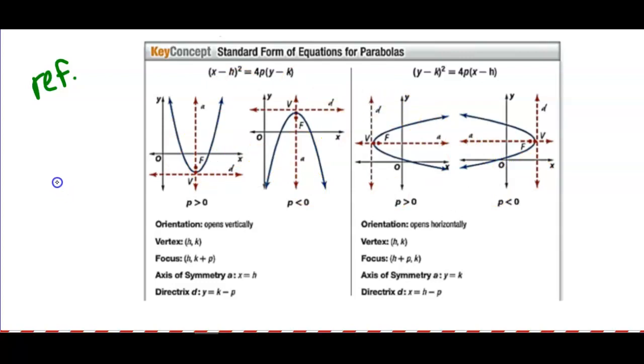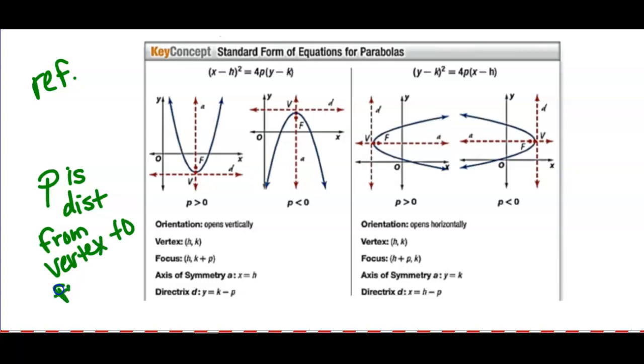Remember, p is the distance from vertex to focus and vertex to directrix. That concept helps a lot. And the other thing that we could use is this latus rectum idea that we're going to use today to graph.